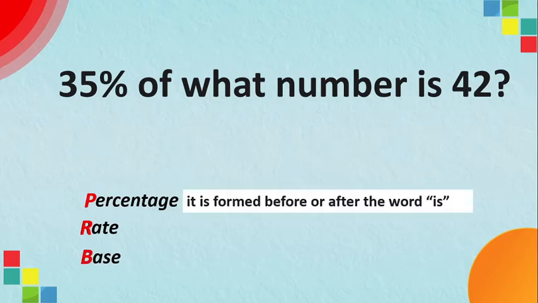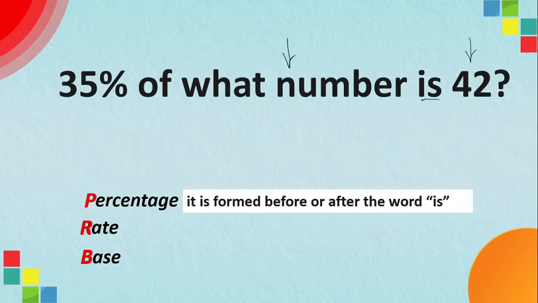Based on the given definition, percentage is found before or after the word "is". However, in this word problem, this might confuse you between "what number" and 42, since "what number" is written before the word "is" and 42 is found after the word "is".